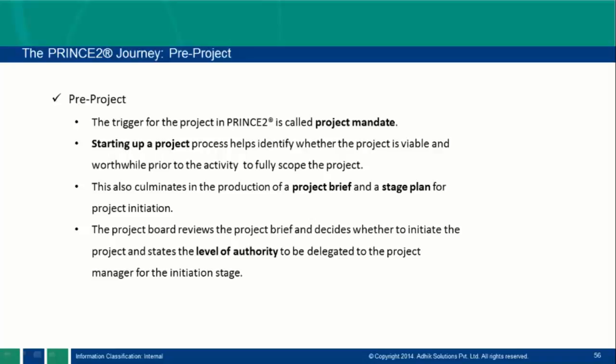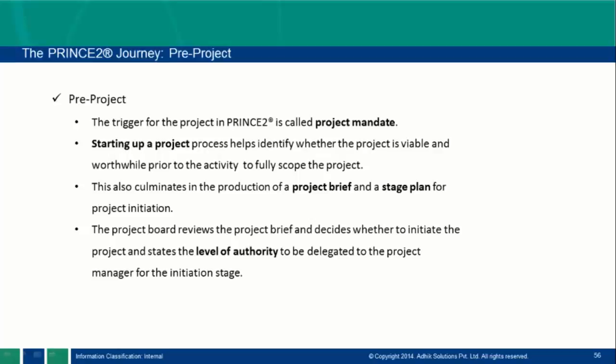As I told you, they are the decision makers. They will authorize all the things here. If the brief is okay, they will review it and authorize it, and then we can start initiation. That is my planning stage.